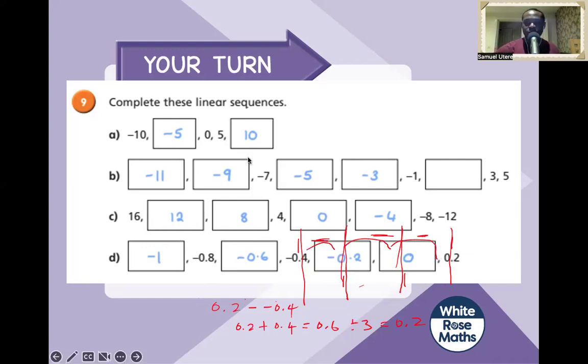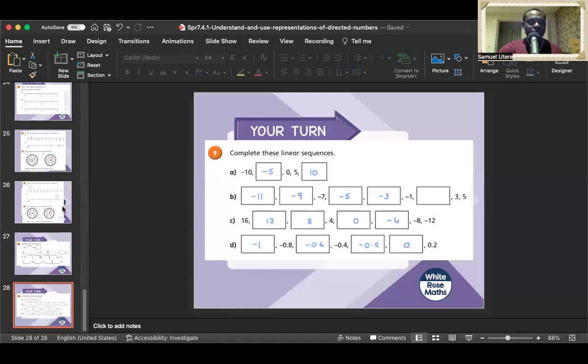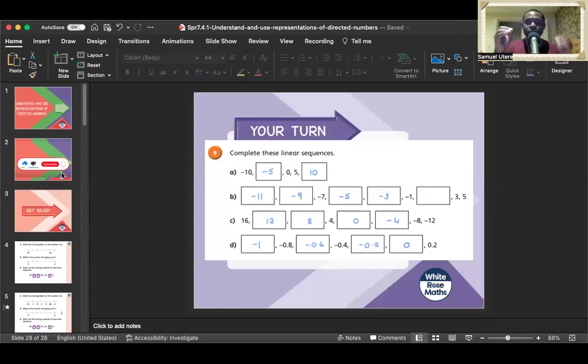Okay, let's move on. That takes us to the end of our lesson. So I hope you have learned from this lesson how to work with positive and negative integers, otherwise called positive and negative whole numbers, otherwise also called directed numbers. So remember, when you're dealing with directed numbers, towards the left of the number line, you have negative numbers.